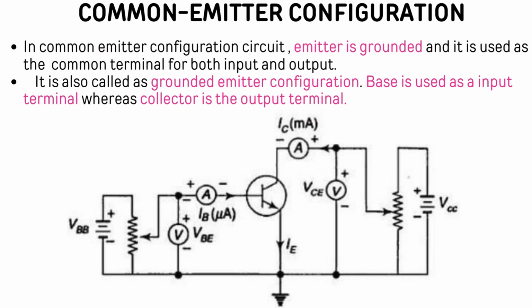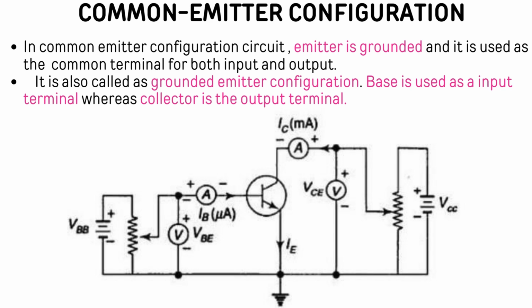Common emitter configuration. In common emitter configuration, the emitter is grounded and is used as the common terminal for both input and output. The figure consists of an NPN transistor. The emitter side N is connected to the negative terminal and the base is connected to the positive terminal.